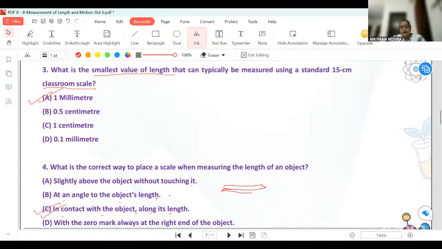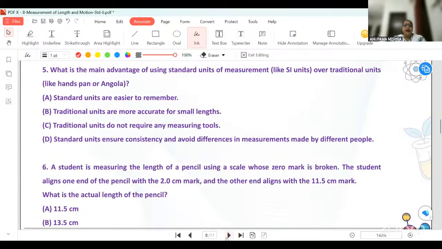Now next one. What is the main advantage of using standard units of measurement over traditional units like handspan or angula? Angula means this finger.